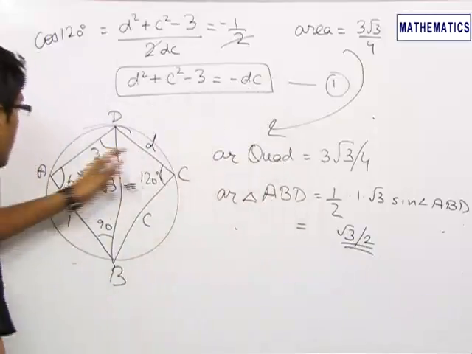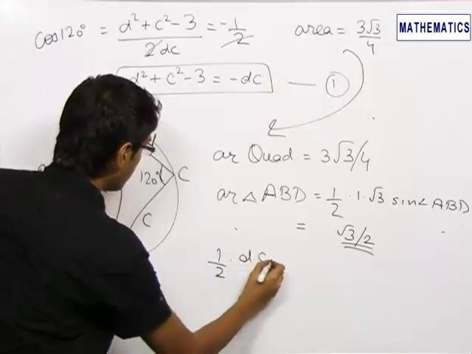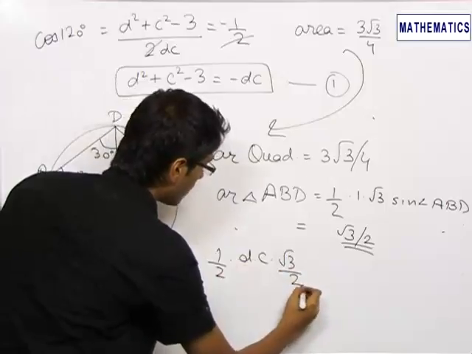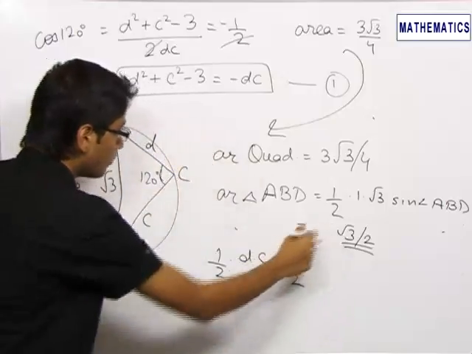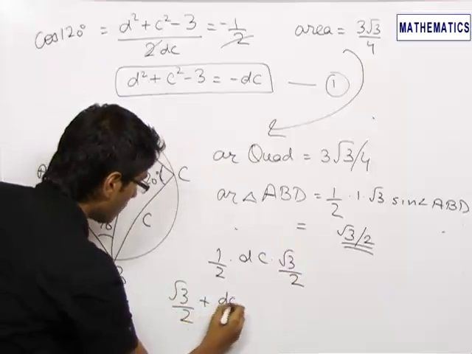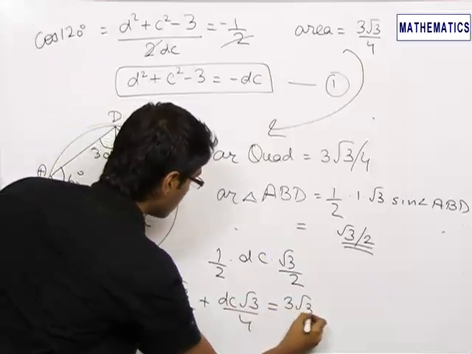Also we know that area of triangle BDC equals half d into c into sine of 120 degrees, which is again root 3 by 2. So on adding both these areas, we get root 3 by 2 plus DC root 3 by 4 equals 3 root 3 by 4.